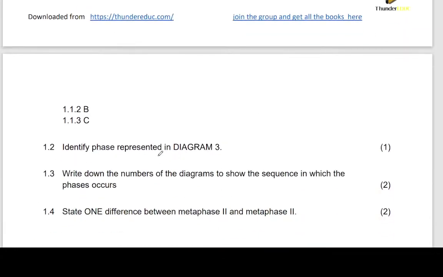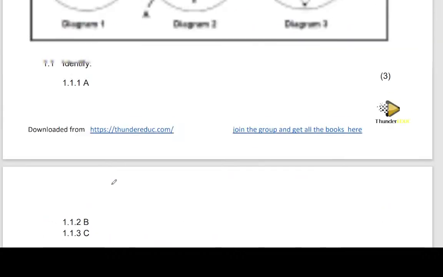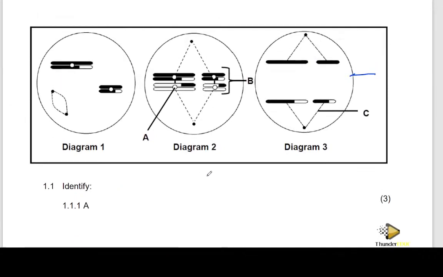We have identified that. Now write down the numbers of the diagrams shown in the sequence in which the phases occur. First identify which one is meiosis 1 and which one is meiosis 2. So we see that this is meiosis 1, this is meiosis 2 and this is meiosis 2.